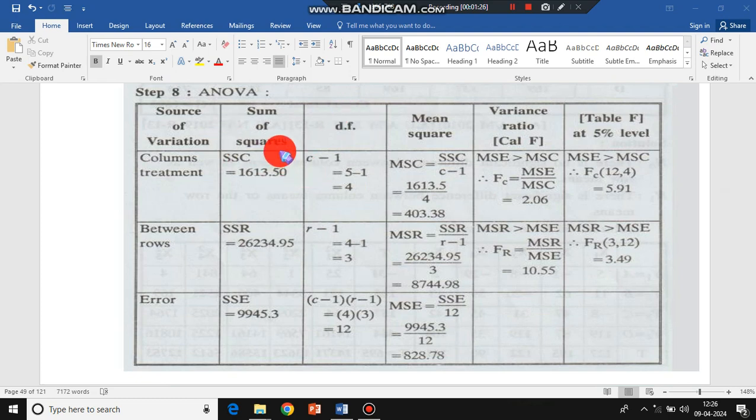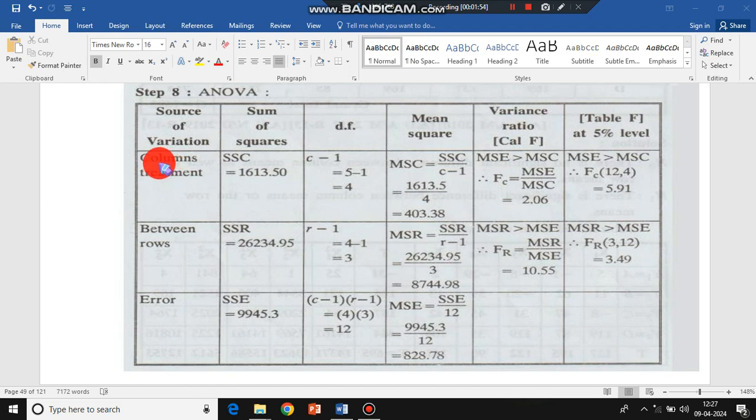Now let us analyze the ANOVA for two-way analysis of variance. This is the whole table of two-way analysis. The first columns are source of variation, sum of squares, degrees of freedom, mean square, variance ratio. Variance ratio means the calculated value of F and then the table value of F. So all these things we have to calculate now.